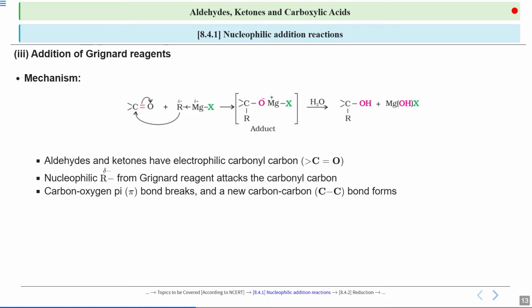If you look at this adduct carefully, you will see that R gets attached to the carbon and MgX gets attached to the oxygen, because oxygen is negatively charged and Mg is positively charged. So it results in an alkoxide intermediate.